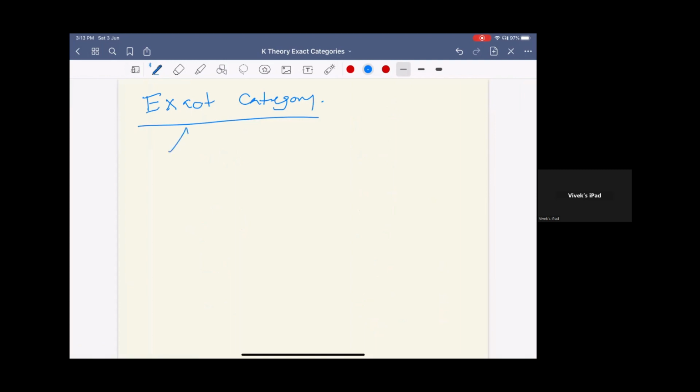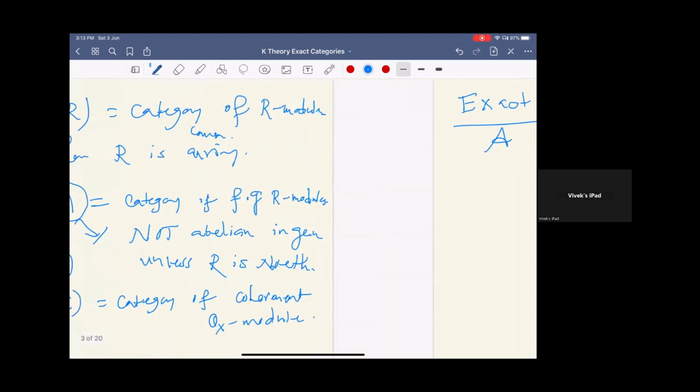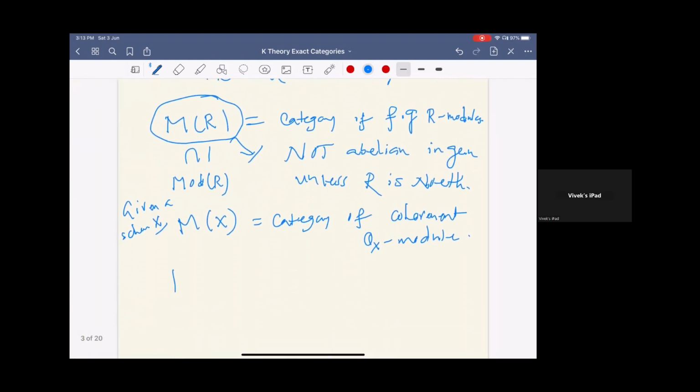So start with an additive category A. And also the category of projective modules, I think I forgot, that's also important: P_R, the category of finitely generated projective R-modules. Is this a symmetric monoidal category?